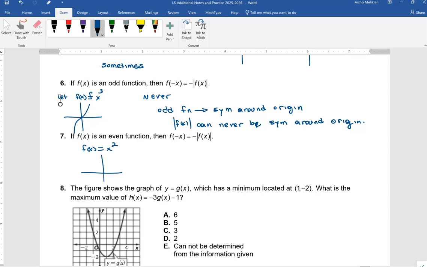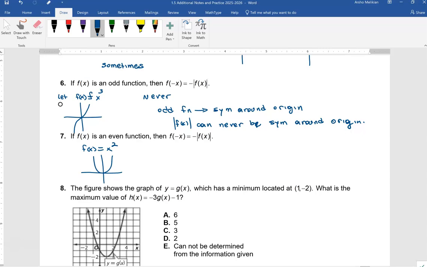What does that look like? This. Okay, what's f of negative x? It's the same thing. F of negative x is the same thing as this. Is that the same as the negative of the absolute value of this? No. But can there be any function?